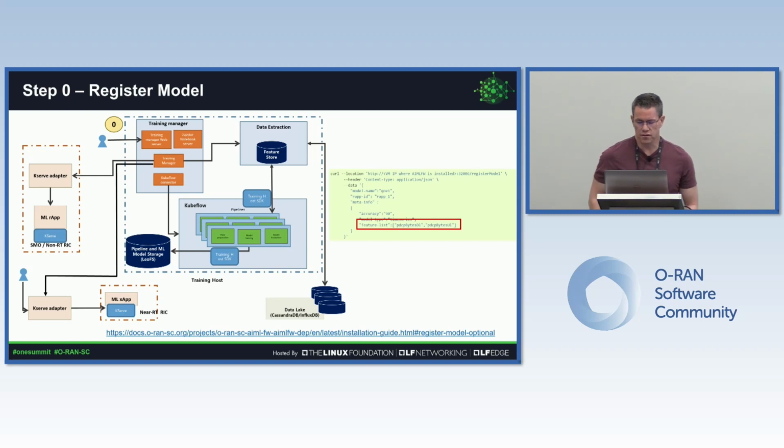This call requests the creation of the model. We need an ID and the feature list. As I mentioned before, we have two things that we are going to predict, which I am putting in this red box. So this is the initial step 0, requesting the registration of the model.